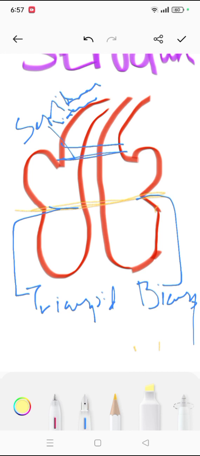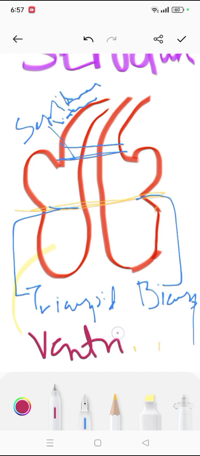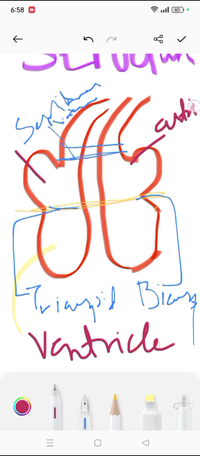The thick walled chambers present below are called ventricles. So we have right atrium, left atrium, right ventricle, left ventricle. This should be clear.